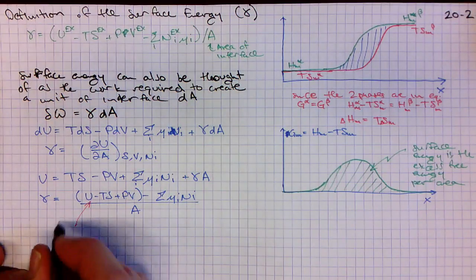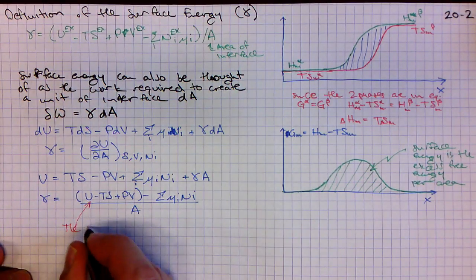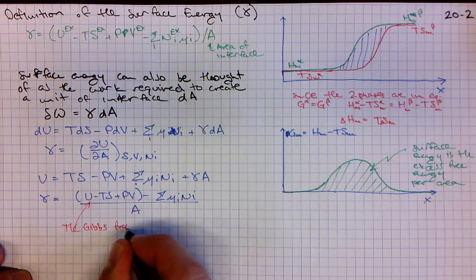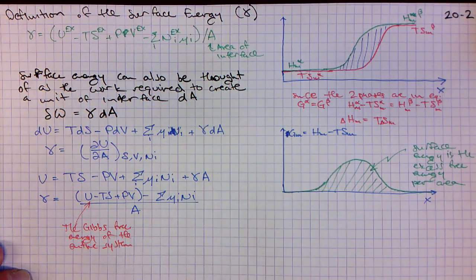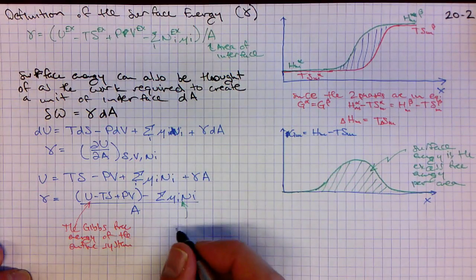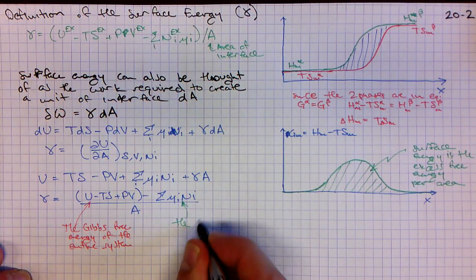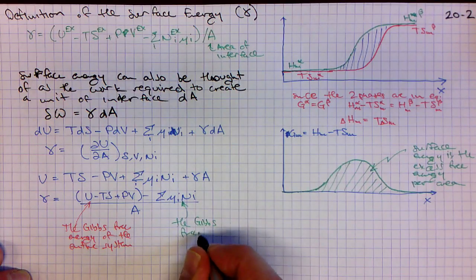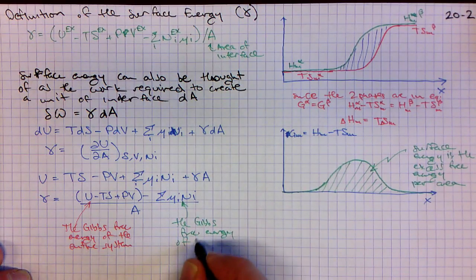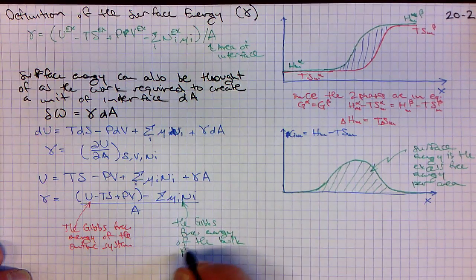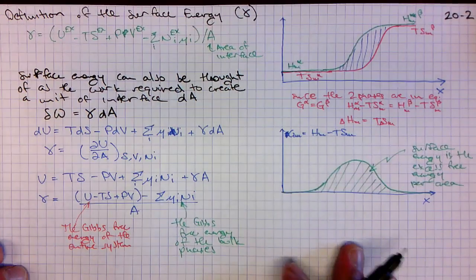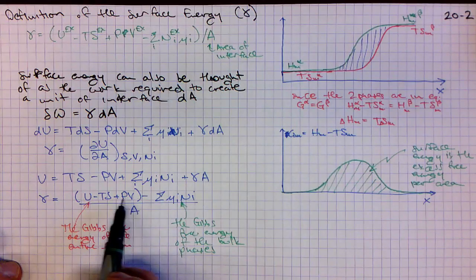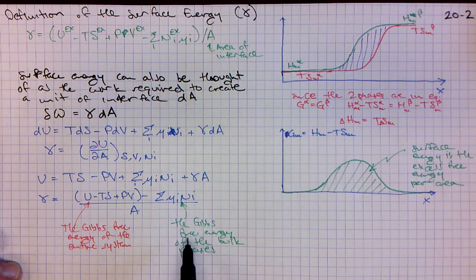This is the Gibbs free energy of the entire system. And here we are subtracting off this, which is the Gibbs free energy of the bulk phases. So this takes out the contribution, zeroes the contribution when we're in the bulk phases, and leaves just this excess contribution that exists around the boundary.